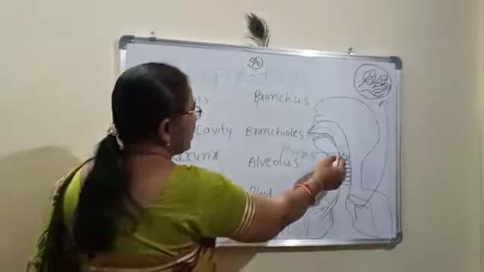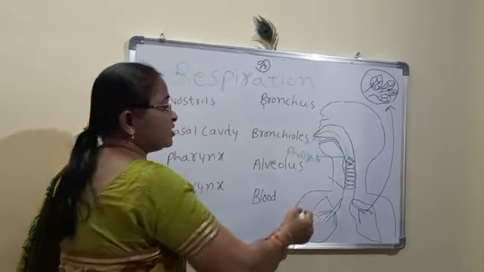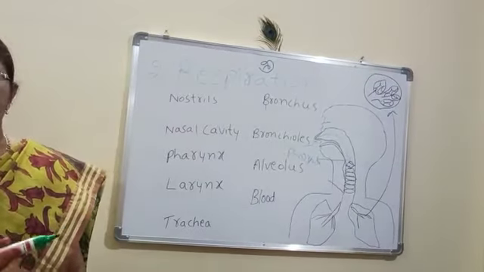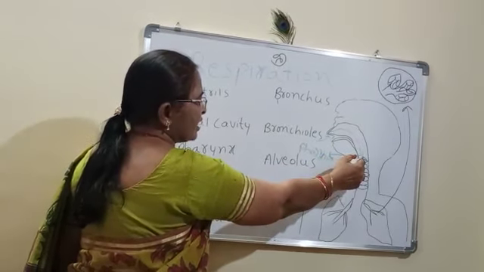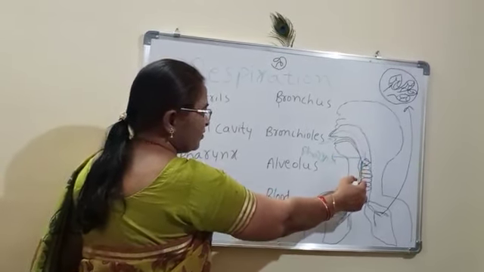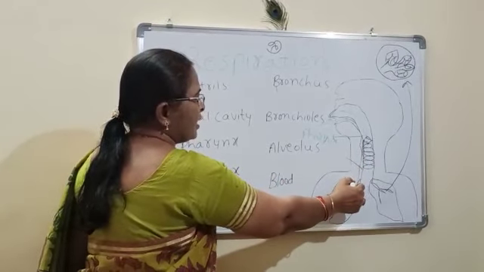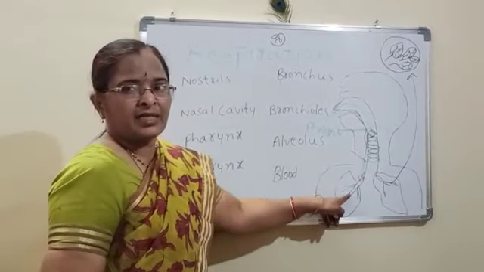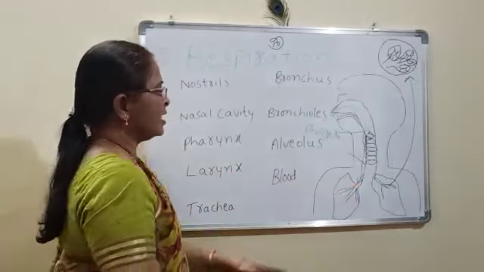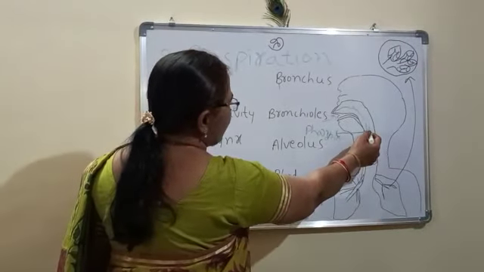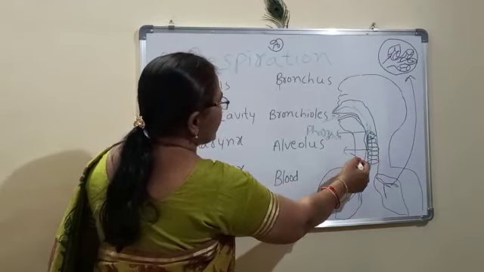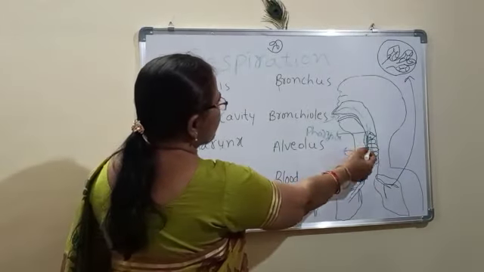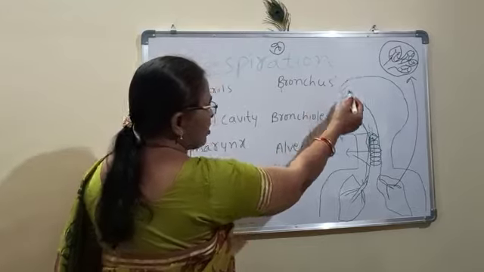Here we can see one plate-like or lid-like structure, which is the epiglottis. Whenever the air is going, the epiglottis allows the air to go into the lungs. There are two lungs in human beings. Here we can see the cartilage, which is the bronchus.